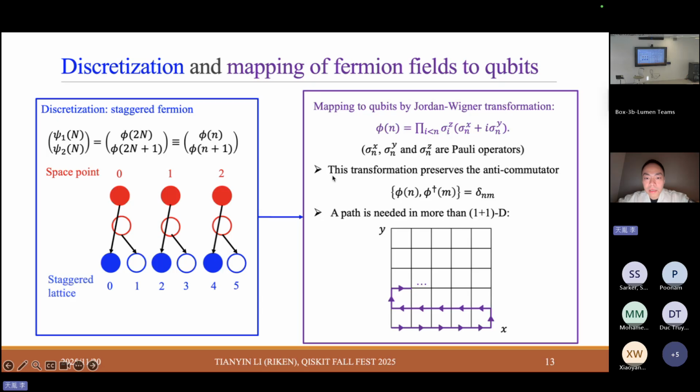This transformation preserves the anti-commutator between the quark fields. This is very important. And in the case of more than 1+1 dimensions, for the Jordan-Wigner transformation we need to choose a path.